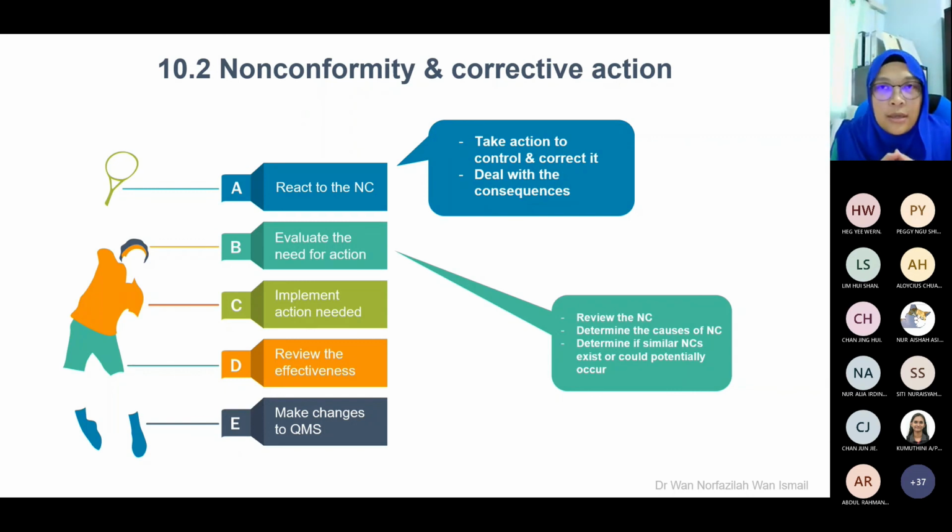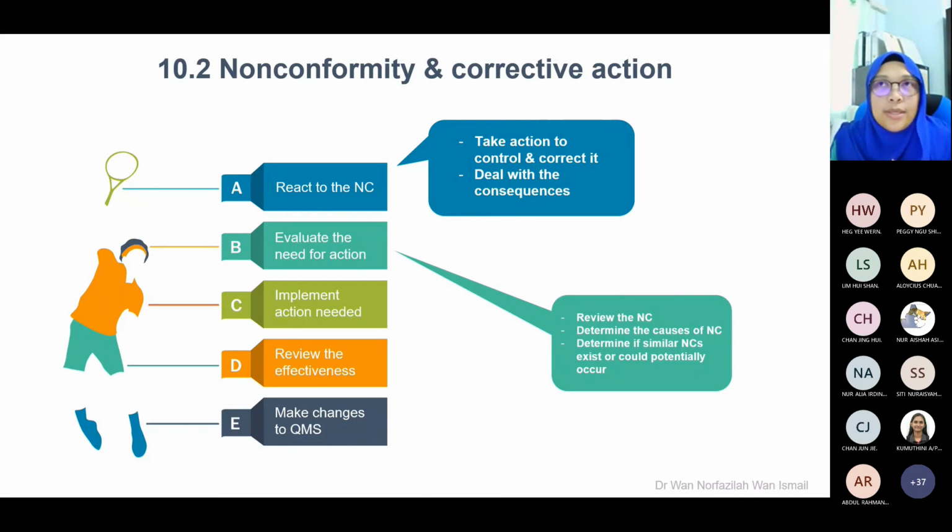If the non-conformity already exists in lab A, do corrective action. If you determine that similar non-conformity might occur in lab B, C and D, come up with the preventive action before that non-conformity occurs in other labs. Okay. Implement the action needed.